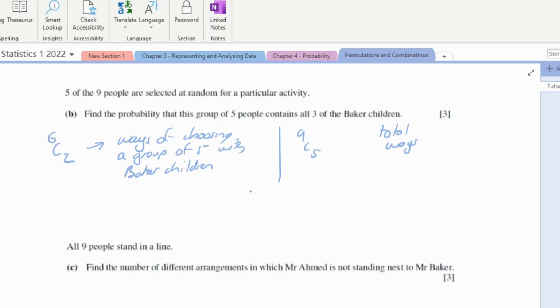Other way. No, the total ways should be at the bottom. So it should be 6 choose 2 over, or divide by 9 choose 5, and that gives us 5/42.